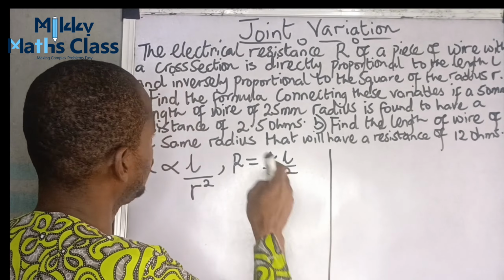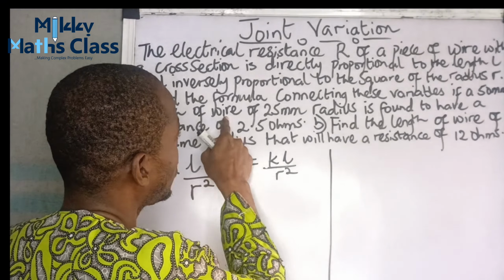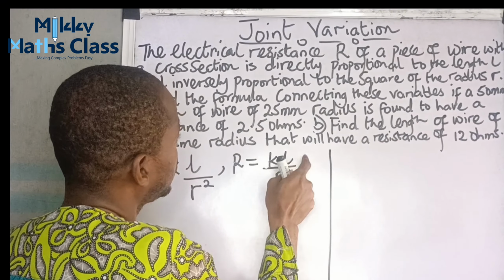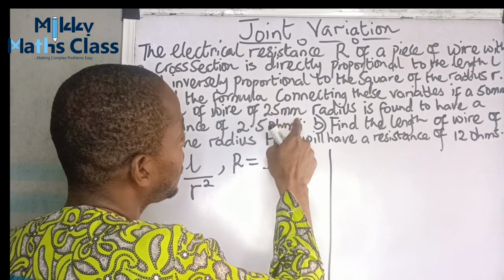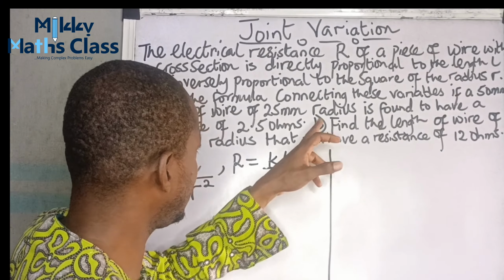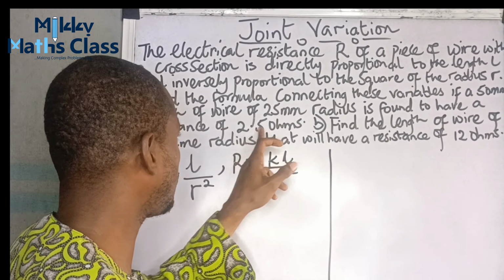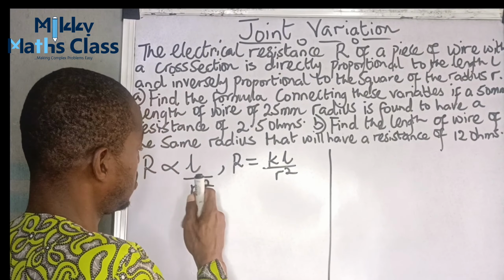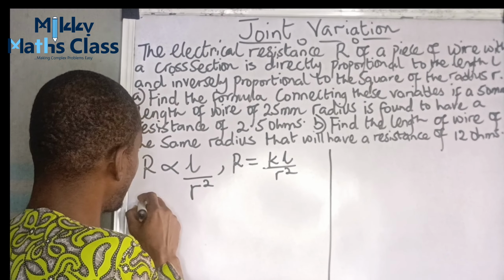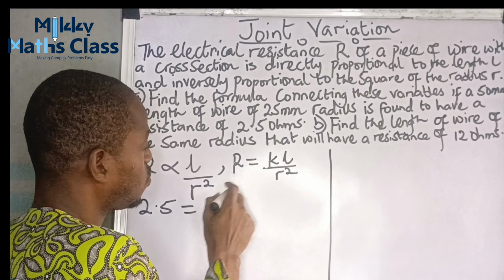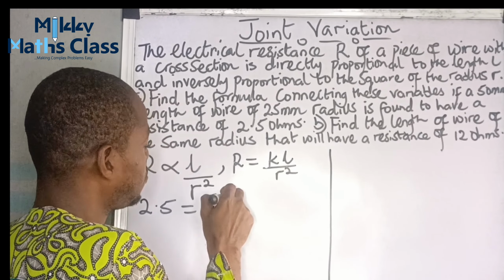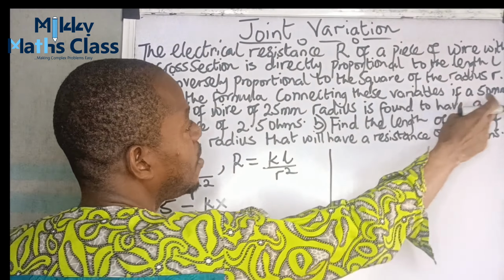If a 50 millimeter length of wire, of 25 millimeter radius. So our radius is 25 millimeter and our resistance is 2.5. So where we see R, we put 2.5. So that's 2.5 equals our K times our length, 50 mm.